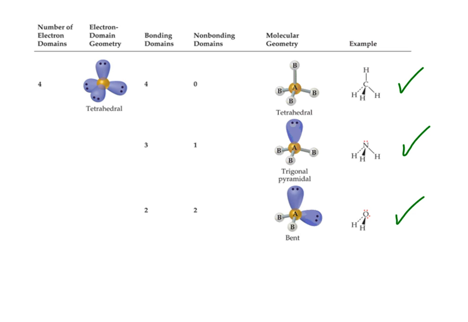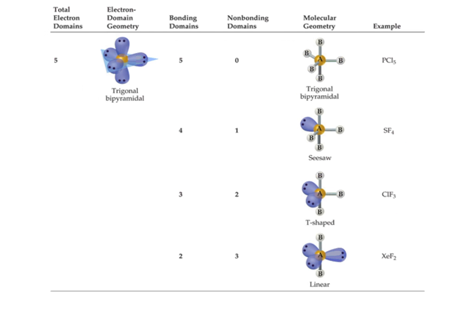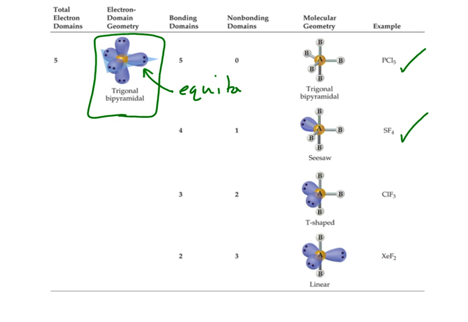With 5 electron domains, we have trigonal bipyramidal with no lone pairs, and a seesaw or irregular tetrahedral with 1 lone pair. With the 5 electron domains, we do have a unique situation in the trigonal bipyramidal: the lone pairs need to go on the equatorial positions, which would be that one and this one and that one.